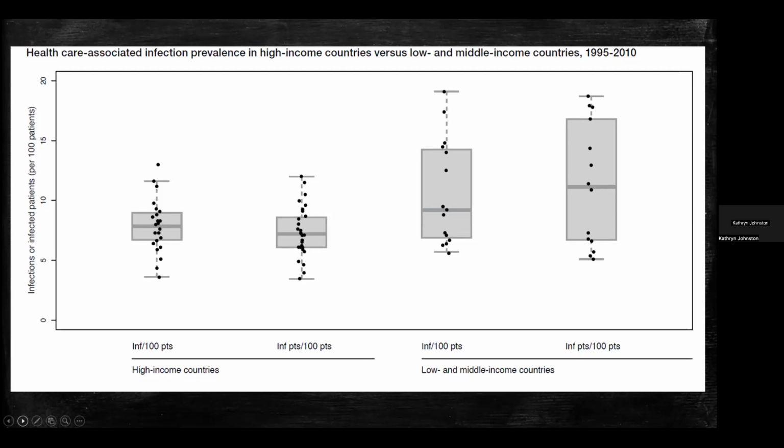Healthcare-associated infections are more frequent in resource-limited settings than in developed countries. At any given time, the prevalence of HAIs varies between 5.7 and 19.1% in those low and middle-income countries.